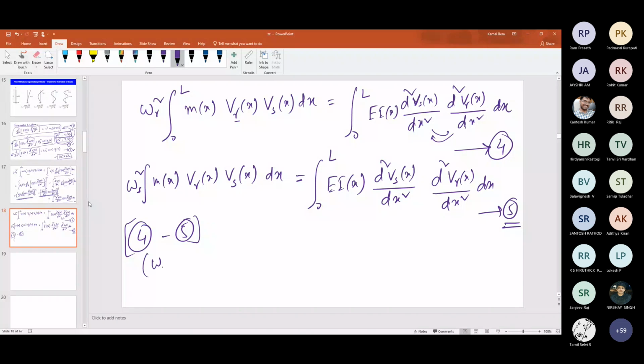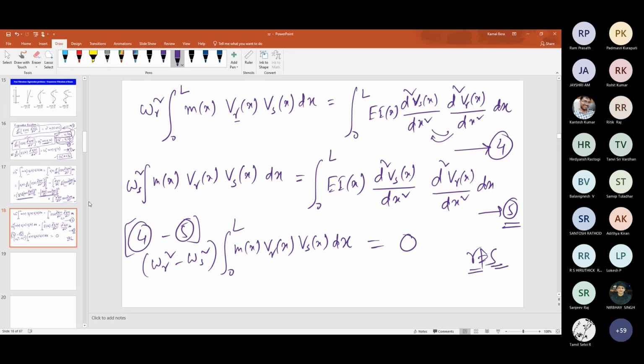I'll get omega r square minus omega s square, integral from 0 to L of m(x) V_r(x) V_s(x) dx equals 0. Now if r is not equal to s, that means r and s are two distinct modes, then omega r minus omega s is non-zero, so the integral has to be 0.